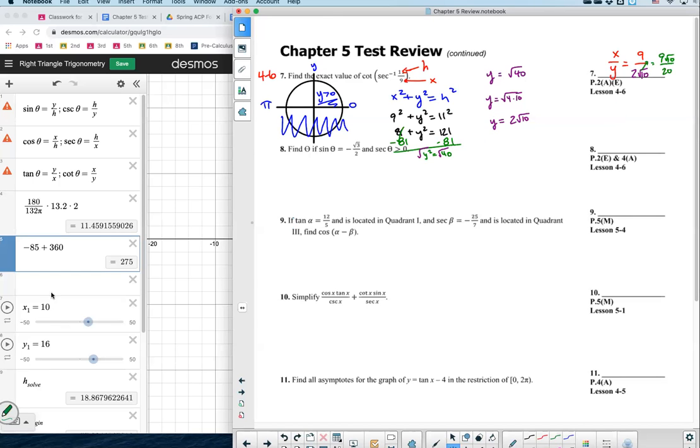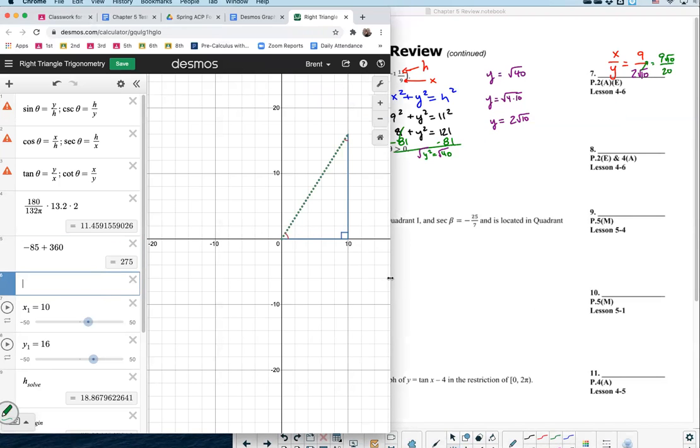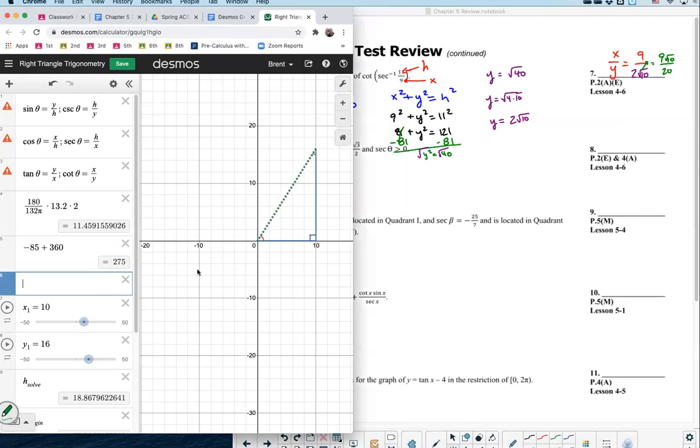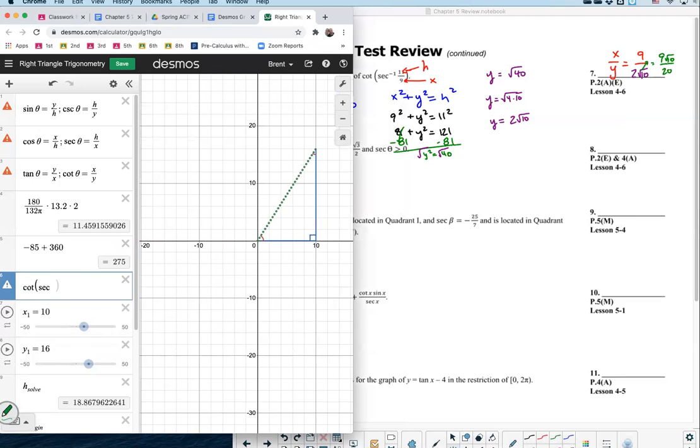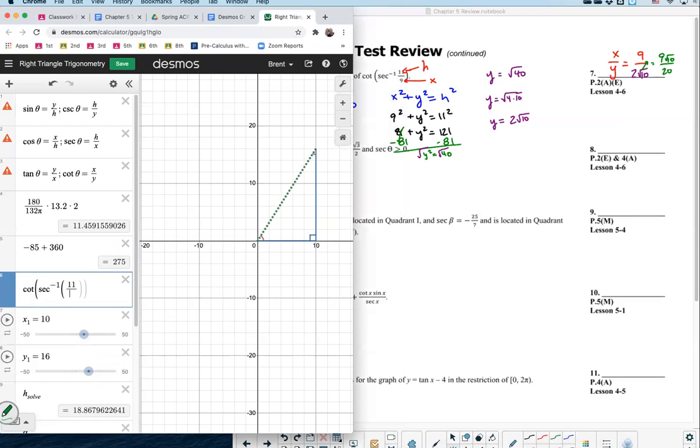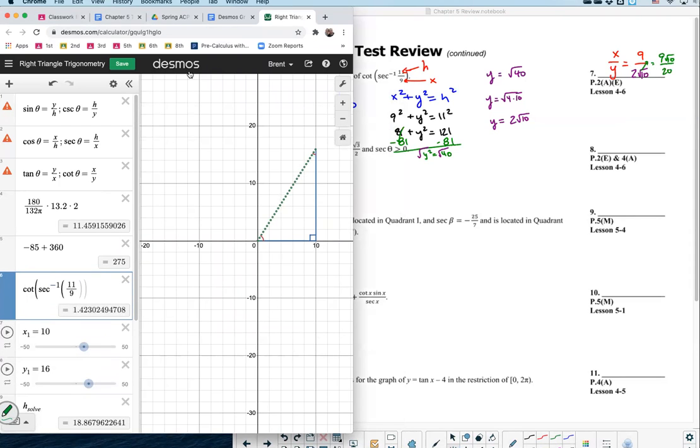We can check it out over here. Let's type this in. Let's check our answer. Cotangent of secant inverse. And you need to use a parenthesis on Desmos. I'm going to switch this.